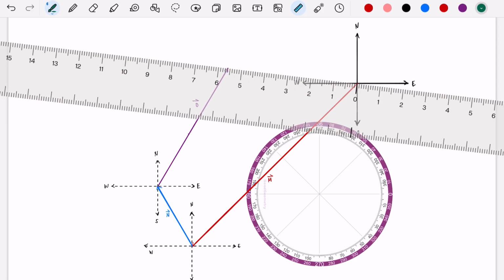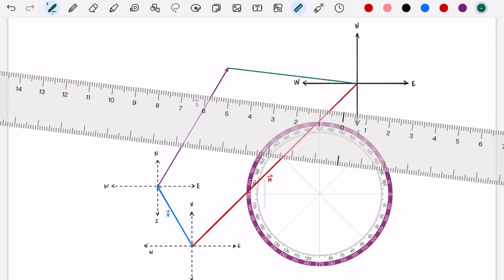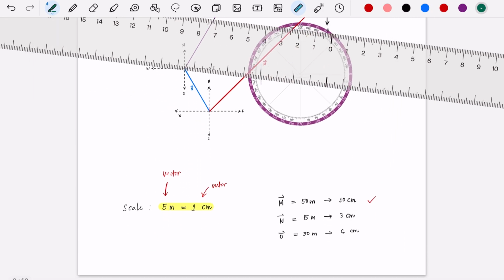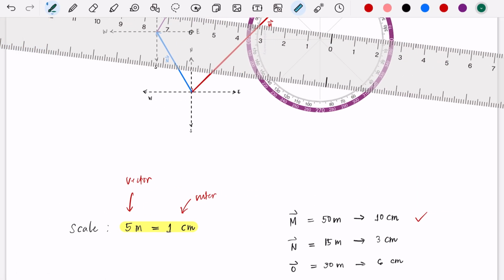So that's 0, and it's 5.6. Okay, according to my calculation, this is the resultant vector r. It's 5.6, right? So I'm going to put here that the magnitude is equal to 5.6 centimeters, and I'm going to multiply it by my scale factor.